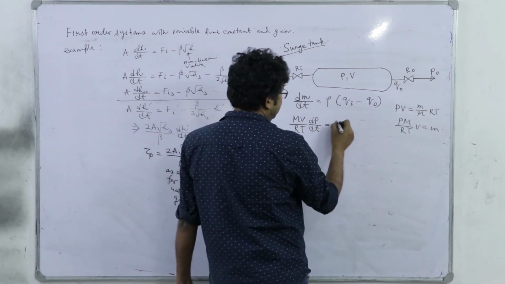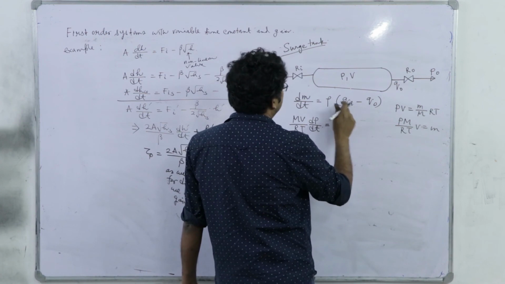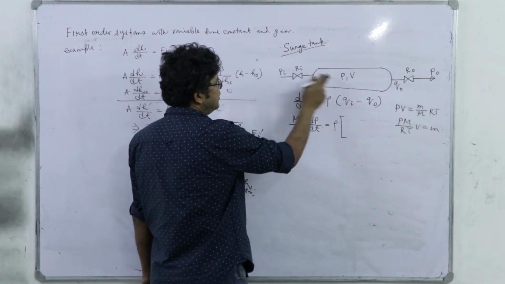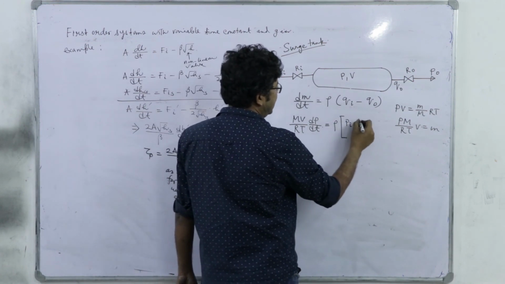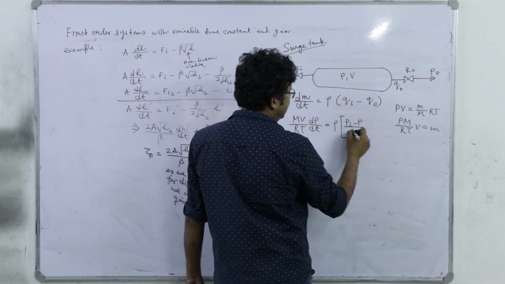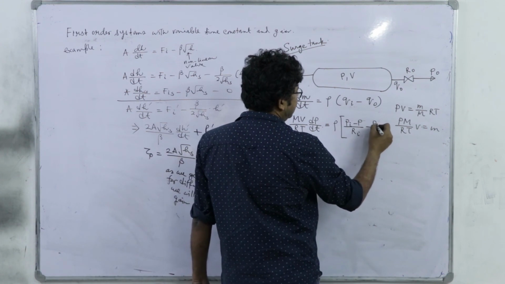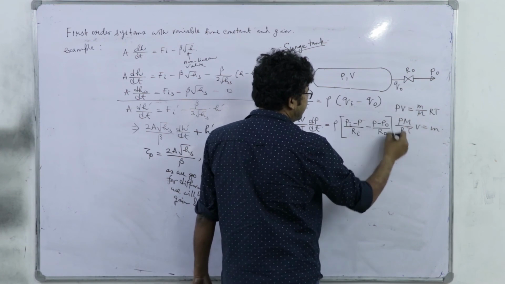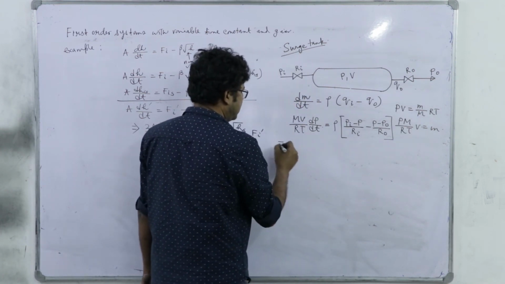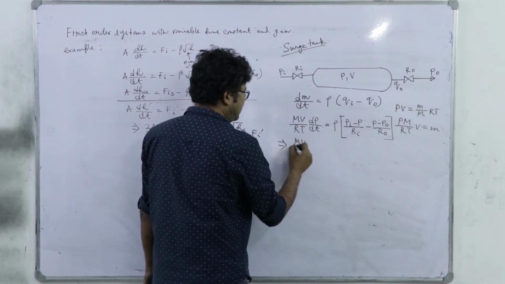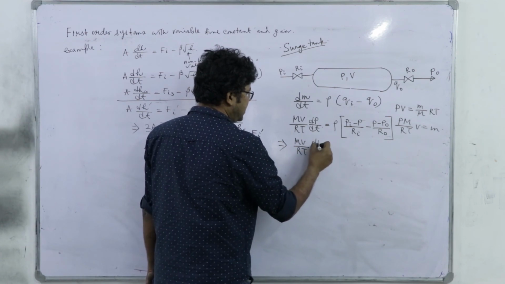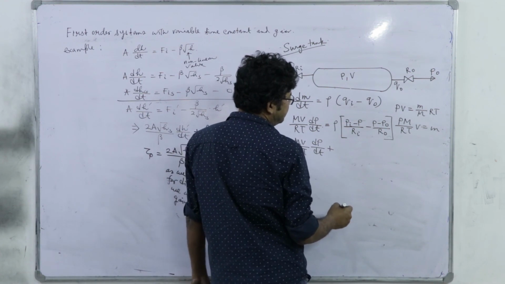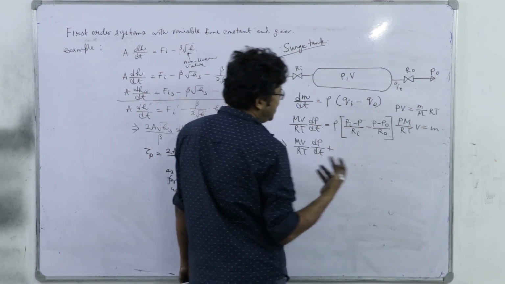So this is equal to rho times Qi, where the flow depends on the potential difference across a linear valve: (Pi minus P) divided by Ri, minus (P minus Po) divided by Ro, right. So MV divided by RT dP/dt plus, you see what are the inputs?